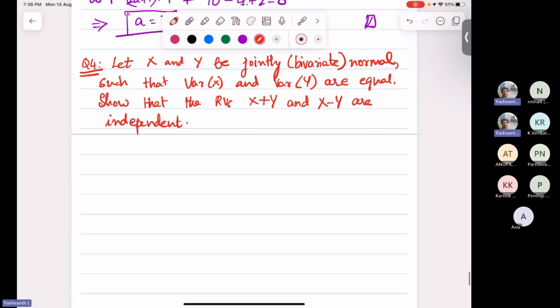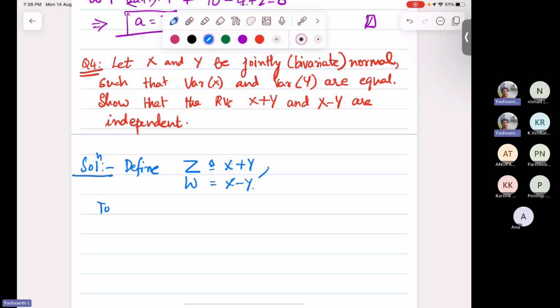Okay, the solution. Define the random variables Z equal to x plus y and W equal to x minus y. So what should I prove? To prove Z and W are independent.